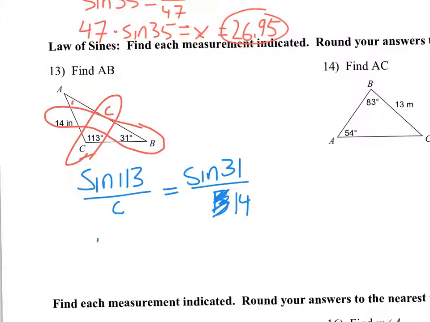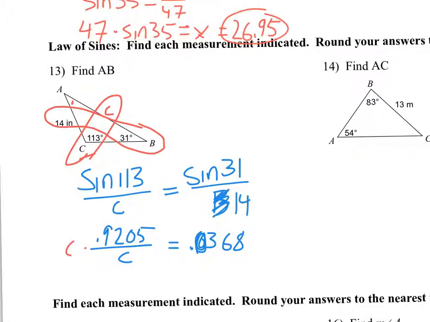Okay, sine of 113 is going to be 0.9205 over c, and sine of 31 divided by 14 is going to end up being 0.0368.